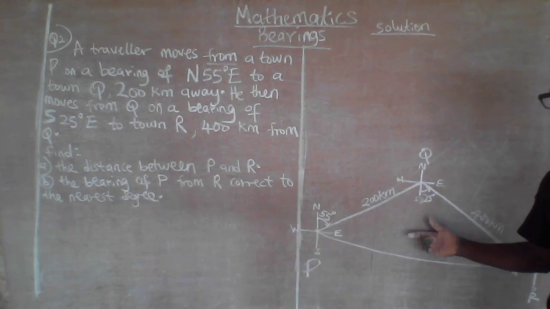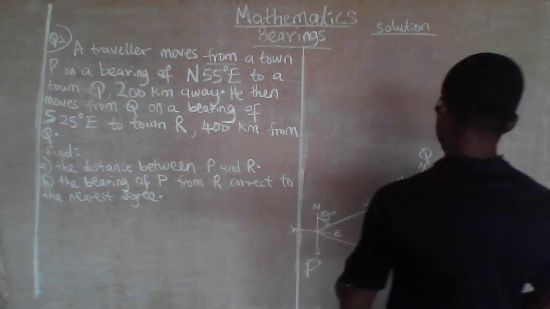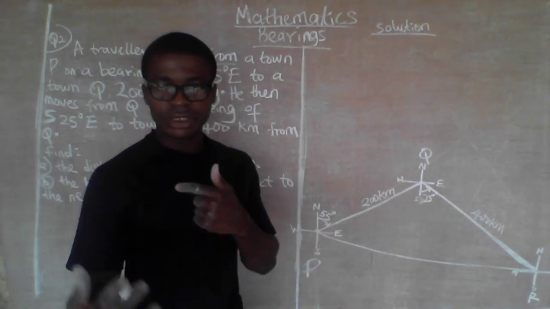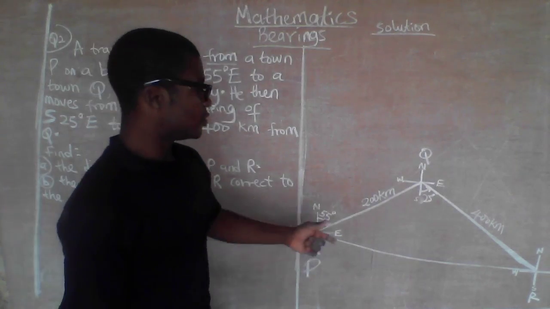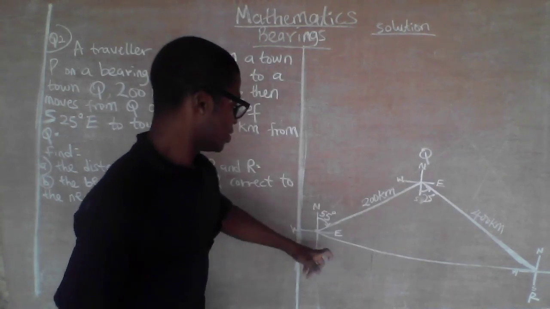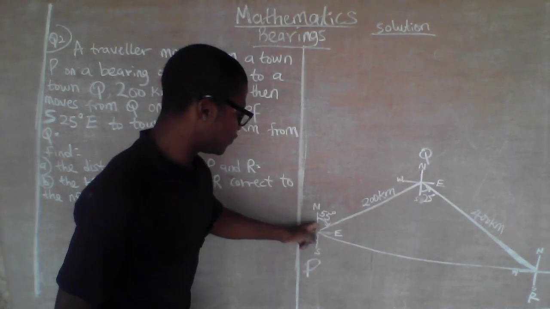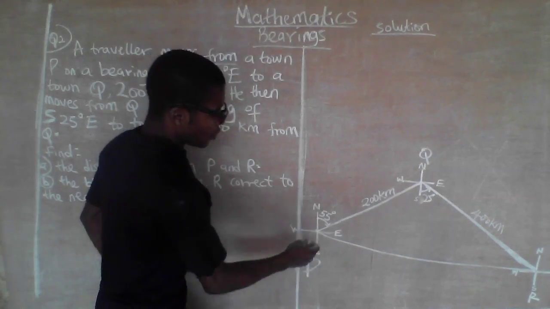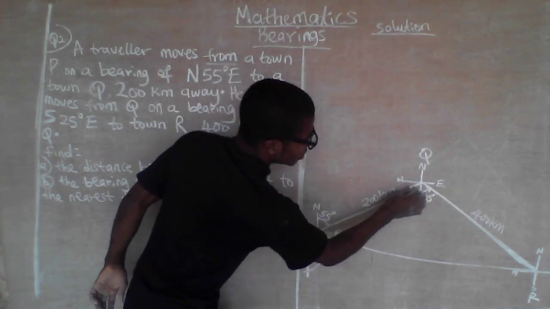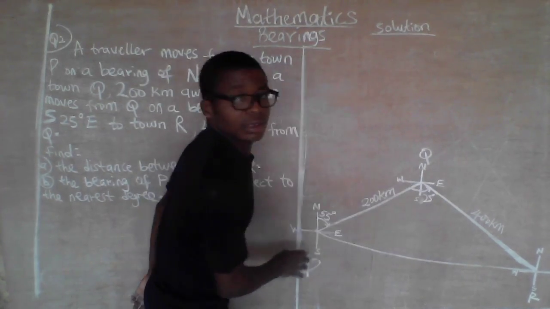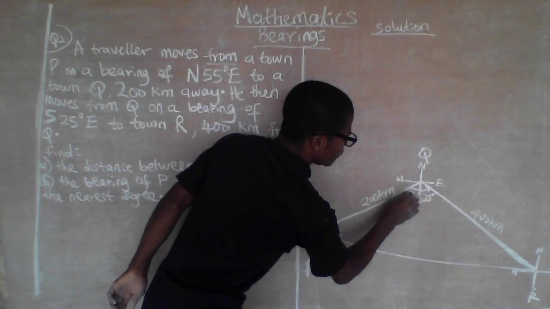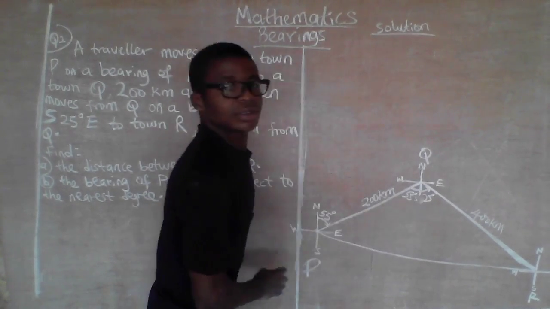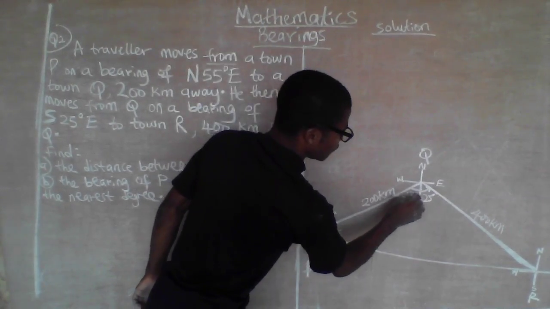Now, let me use the knowledge of alternate and corresponding angles to get the angles I can. This angle here is 55 degrees, so the alternate angle to this one is also 55 degrees.